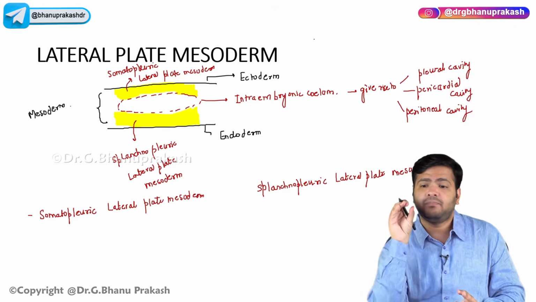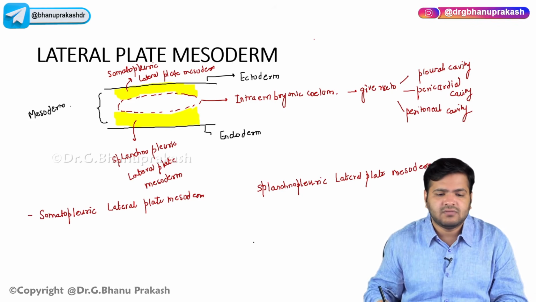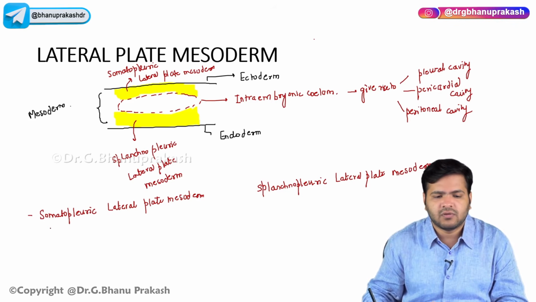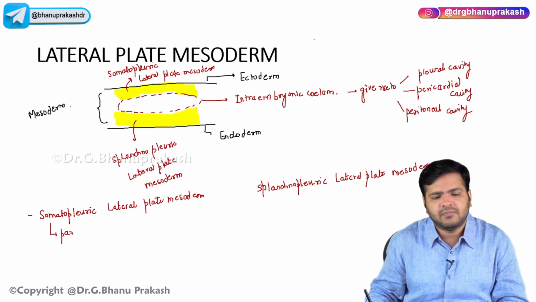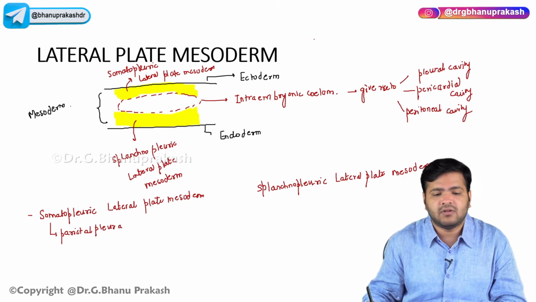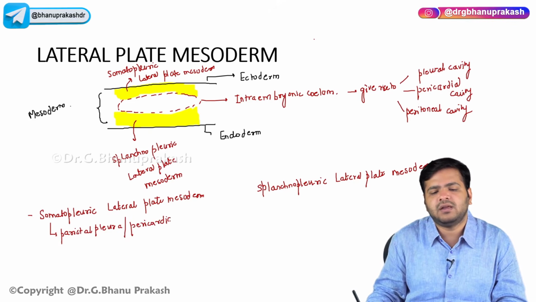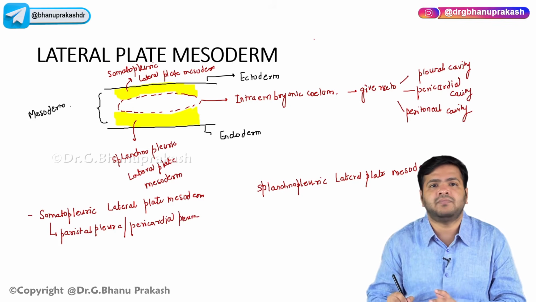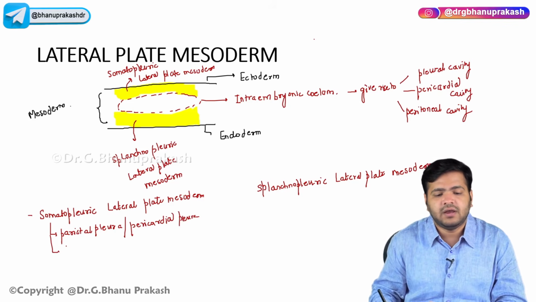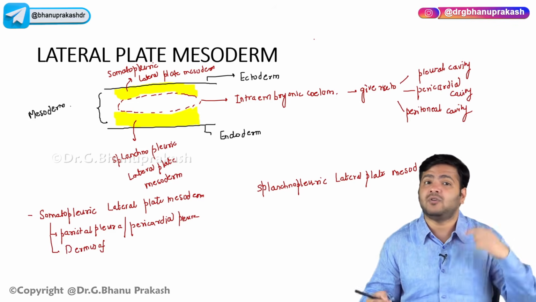So if there is a pleural cavity, we will have the parietal pleura, right? So it will give rise to parietal pleura, or it will also give rise to pericardial pleura, right? And it will also give rise to the dermis, the skin of the front and the limbs.